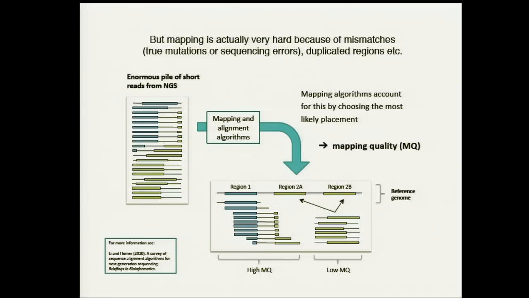So in order to complete the alignment, the aligner, BWA, will have two steps. The first one is to find the most likely place where this read can be placed, or a few most likely places. Then try to place it there and align all the bases as best as you can, given all the parameters that you can give it, such as gap open penalty, gap continuation penalty, mismatch penalty, and things like that. So given all these parameters, find the best possible alignment for this read to the reference genome and score it.